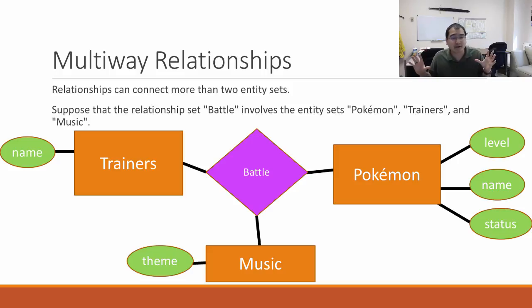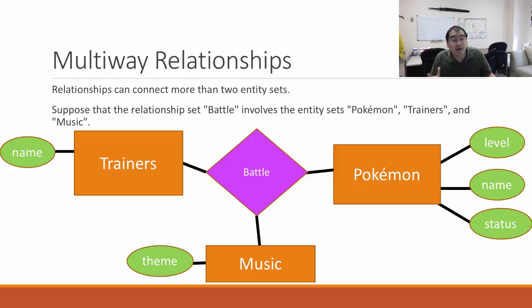And so what we're saying is, for every particular battle relationship, every time an occurrence of a battle happens, there will be trainers involved, and those trainers have names. There will be Pokemon involved, and those Pokemon have levels, names, and statuses. And there will be music involved, and each music has a theme. And so you can have relationships that are multi-way, that are more than just between two things.